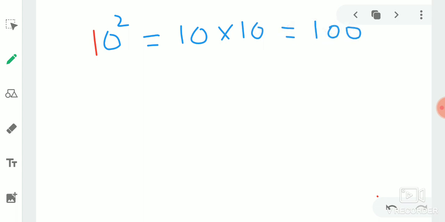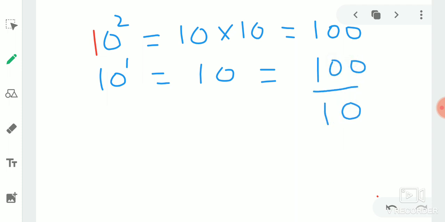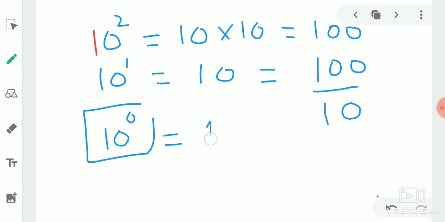We write 10 raised to power 1, that's 10, or I can say 100 divided by 10. 10 raised to power 0, I have shown you in the classes that 10 raised to power 0, or any number raised to power 0, is always 1. Or I can write it as 10 by 10. Here it was 100 by 10.